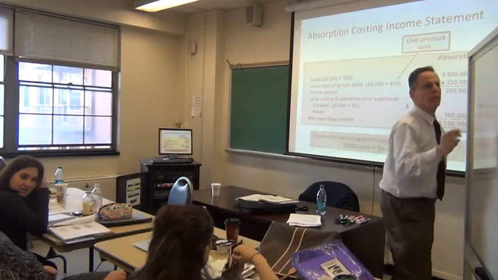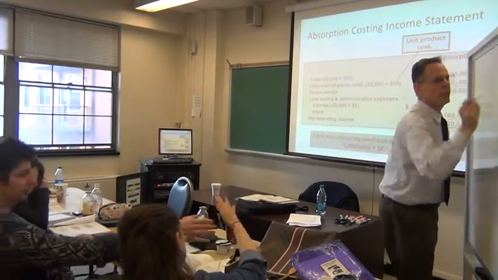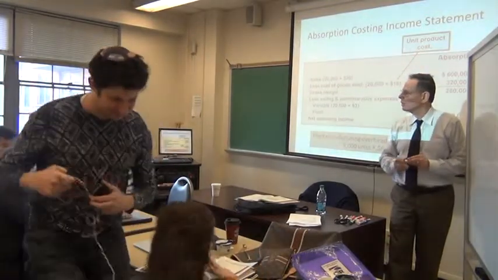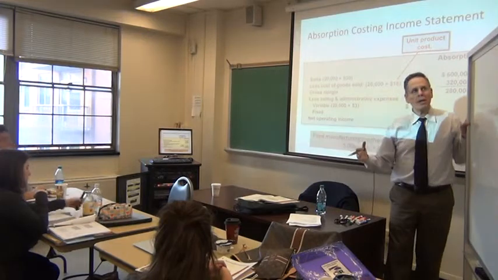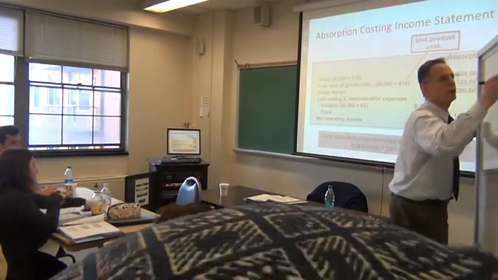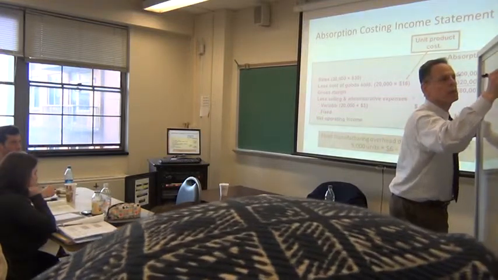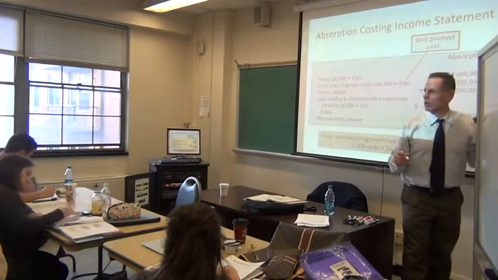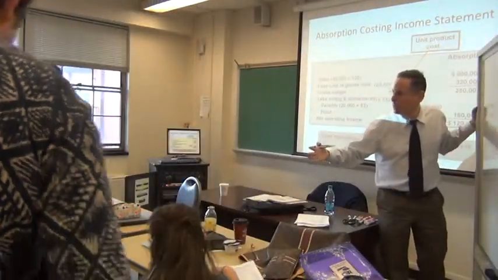So let's start with, this is going to be the new approach. So we're going to need to know two kinds of variable cost, variable selling and variable manufacturing, okay? So let's start with variable manufacturing. And this is going to consist of direct material per unit, direct labor per unit, and variable overhead per unit.